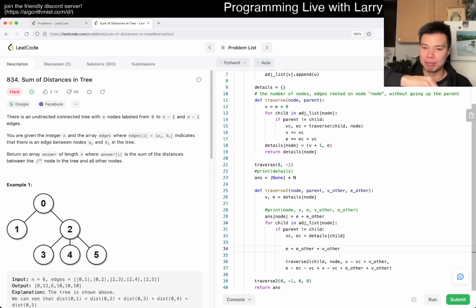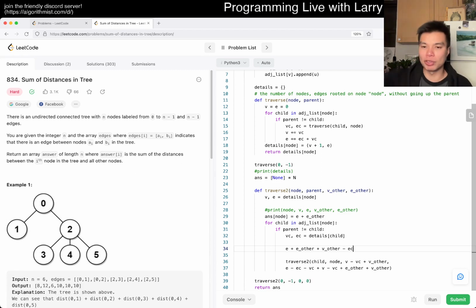So this is just a new edge other, if you want to think about it that way. And that's why we have this.